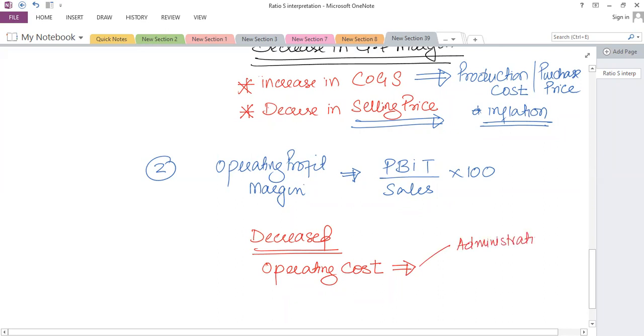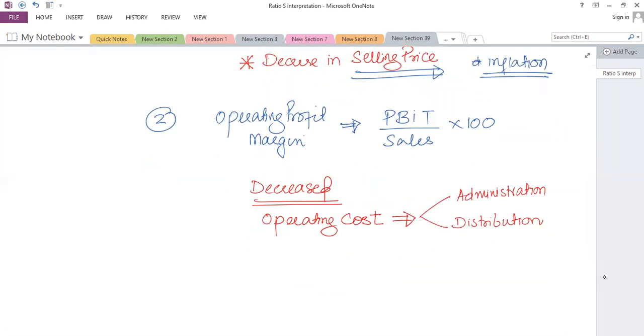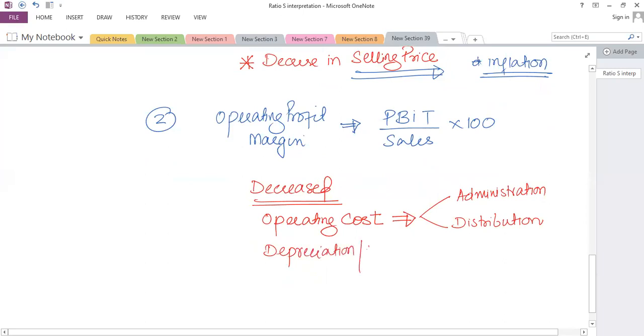There might be some increase in administration cost. There might be some increase in distribution cost. And in operating cost, you know that we charge depreciation, amortization, and impairment losses. So we have to check whether we have recognized these in cost of goods sold or somewhere else. So one of the obvious reasons for PBIT is the cost.